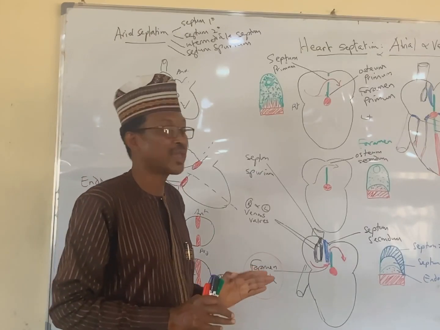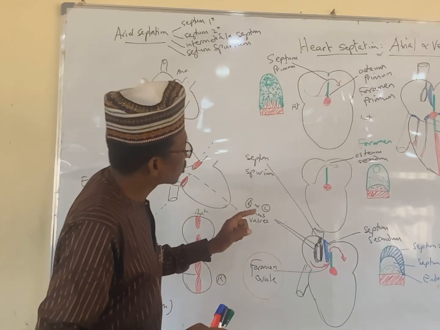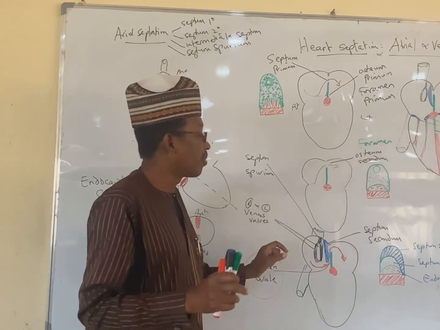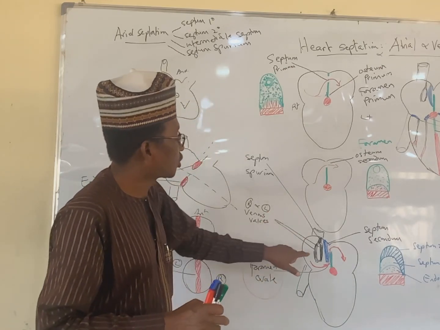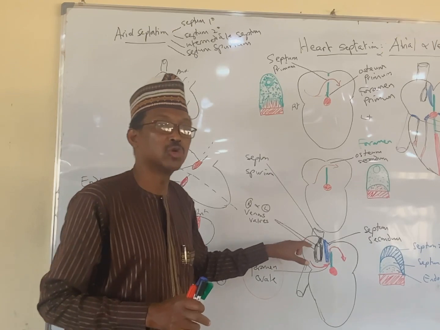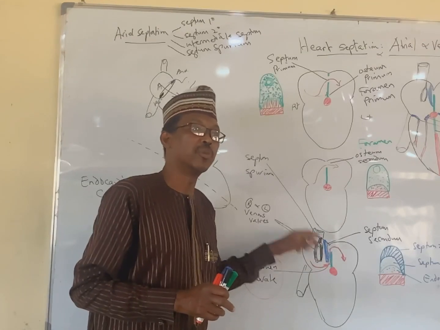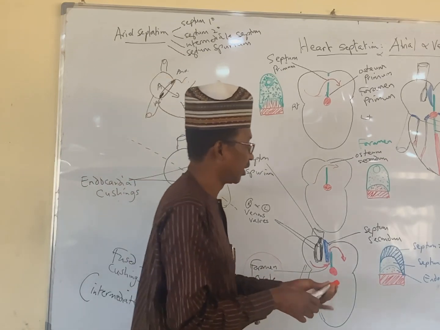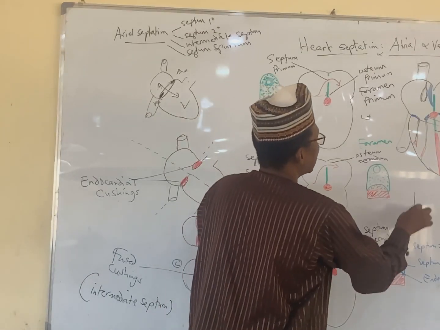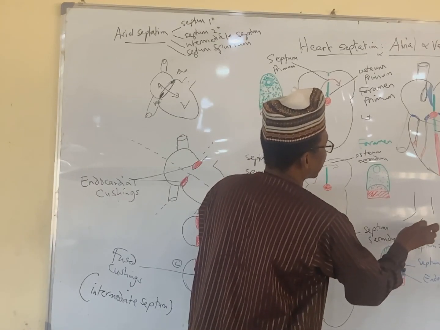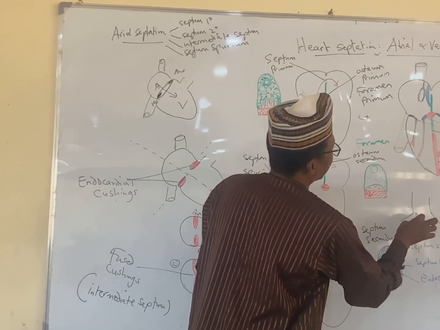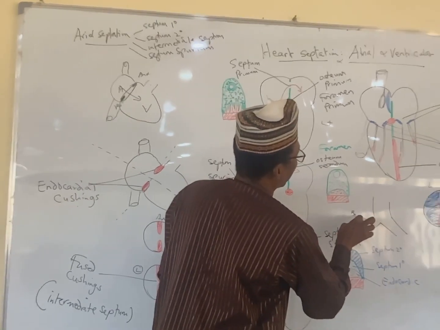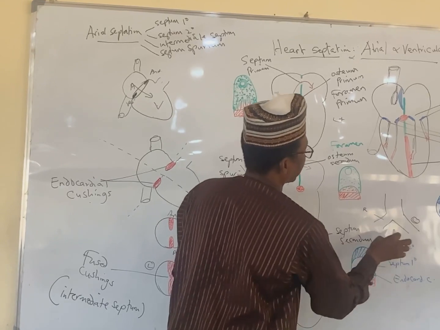Now, if you can remember our last lecture, we talked about the absorption of the horns of the sinus venosus. If we try to draw the sinus venosus like this, this is the right horn and this is the left horn.